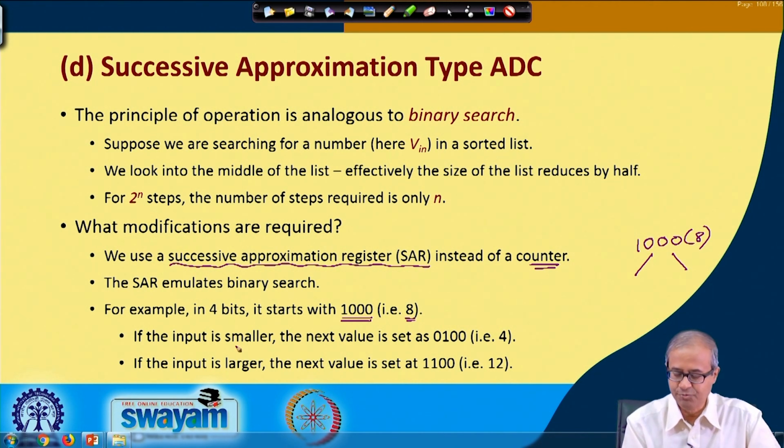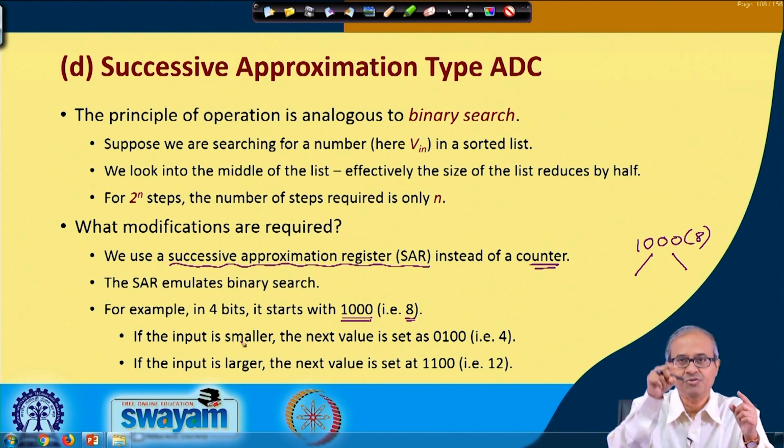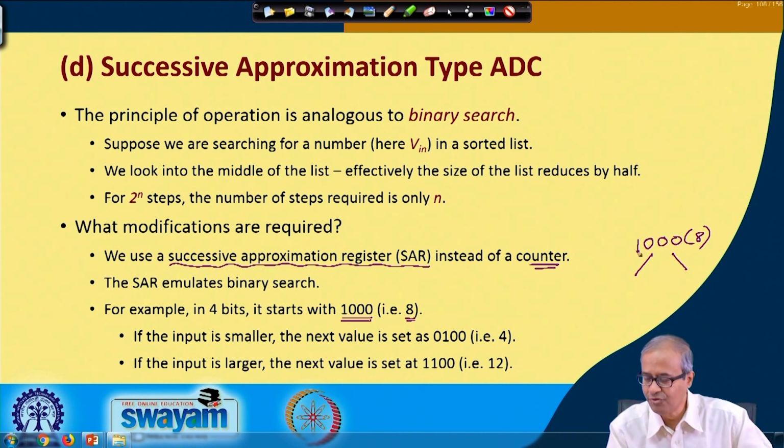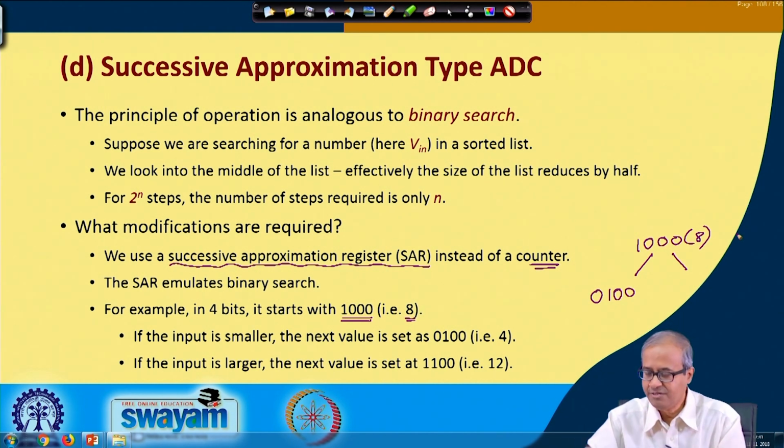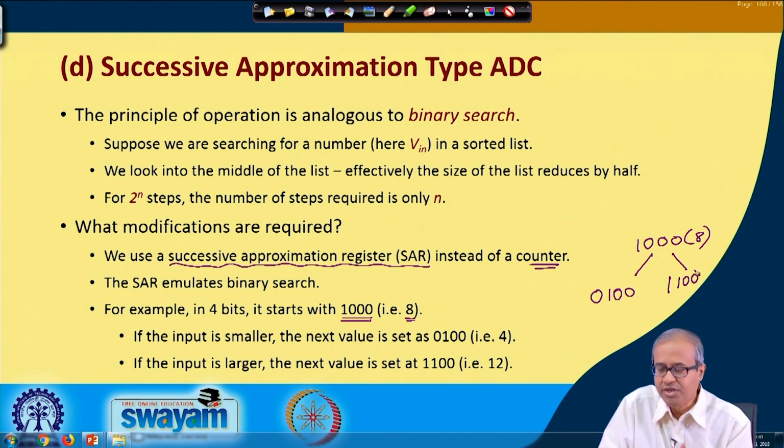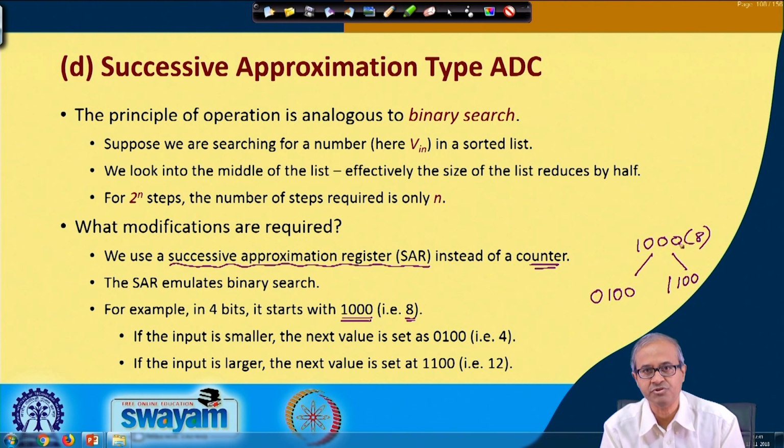Suppose the input is smaller, then it will be in the left half, 0 to 7. What is the middle point of 0 to 7? 4. And 4 is 0100. On the right hand side, if it is greater, I have to go to the right half, that means 9 to 15, and the middle point of it is 12. 12 is 1100. So, what are we actually doing? We started with 1000.